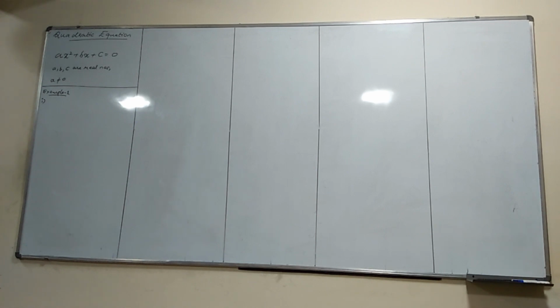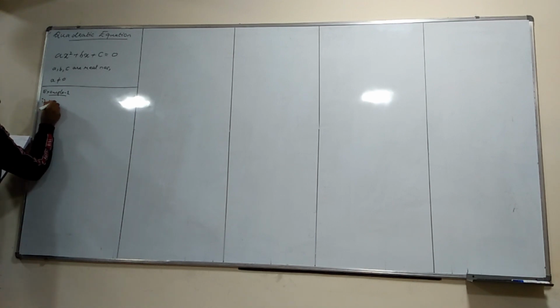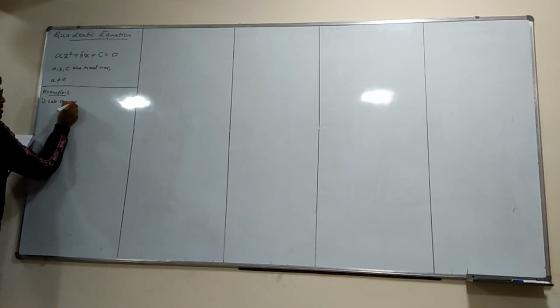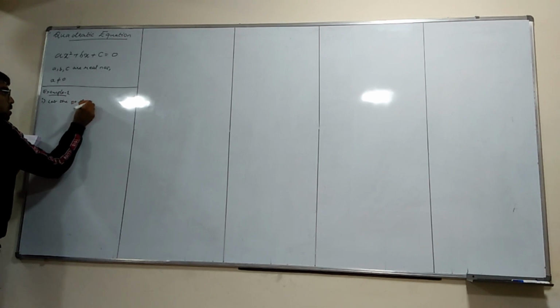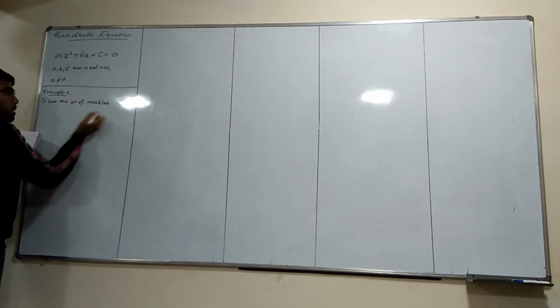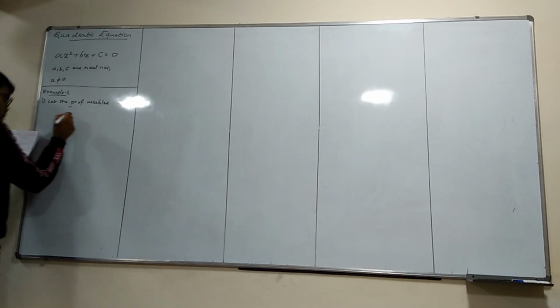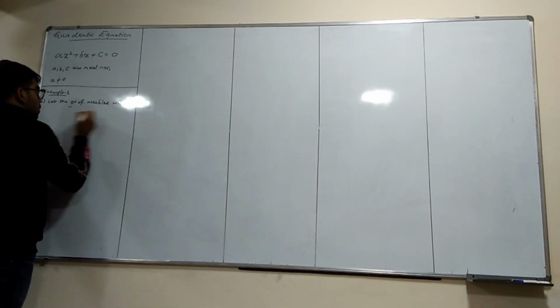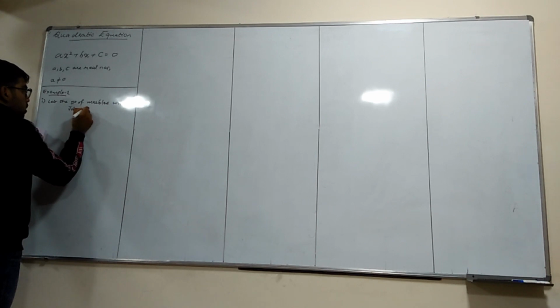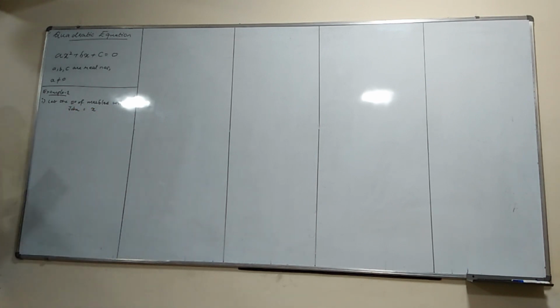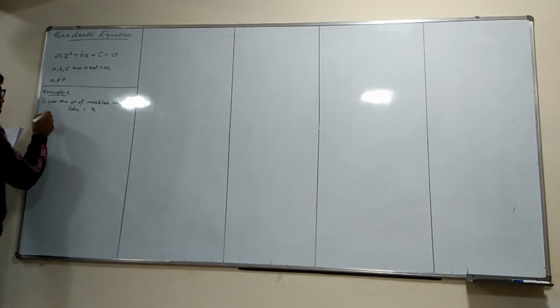Okay? Look at the board, pens up. So, let the number of marbles with John be equal to x. Total number of marbles is 45.